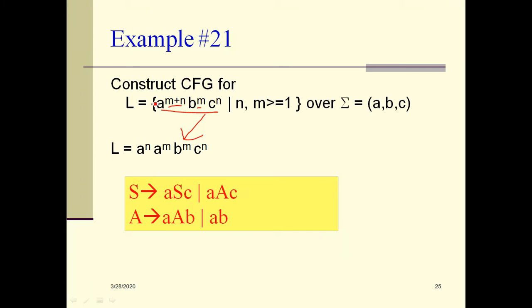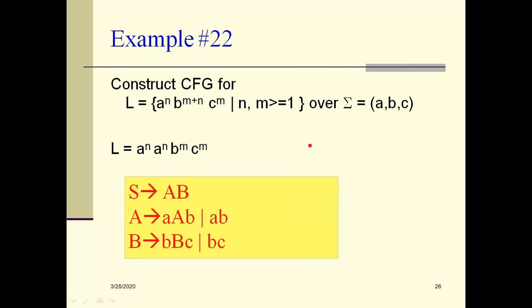See this, A raised to power n, and now these two are the same and then these two are the same. Now if you write it like this, then it is quite easy to understand because we have already solved problems like this, where first we have A and C matching and then A and B matching, right? So this is quite a simple one.